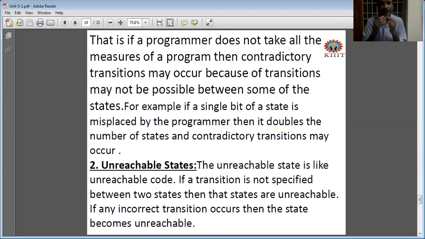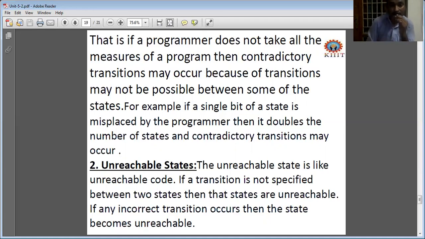That is, if a programmer does not take all the measures of a program, then contradictory transitions may occur, because transition may not be possible between some of the states.